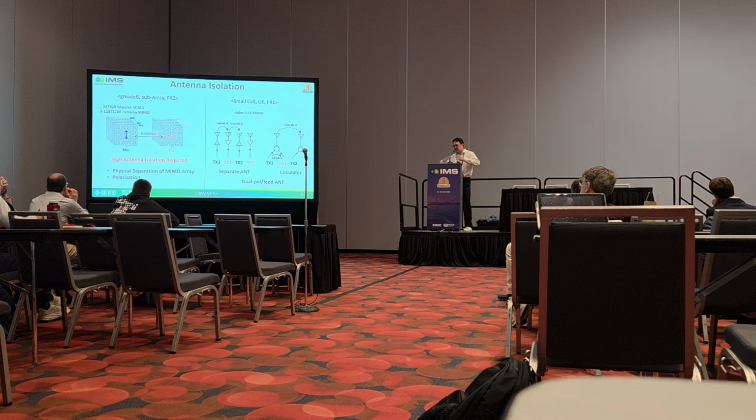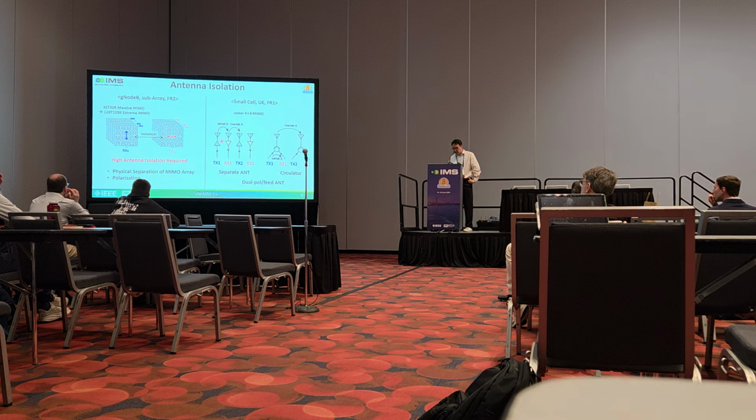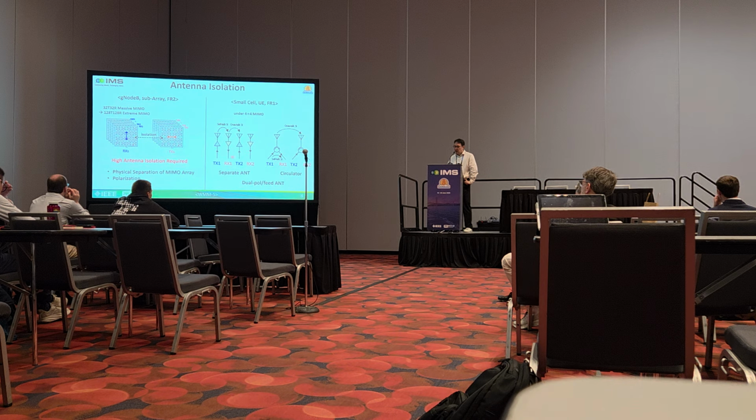There is no size limit for the gNodeB, so we can separate these two TX and RX apertures and achieve high antenna isolation, which is like 80 dB isolation. For the small cell or UE case, there is a size limit. We cannot separate the antennas, and there are not many antennas, so it's like 4x4 MIMO. So we can use a circulator or this kind of system, and we need a circuit interference cancellation circuit.